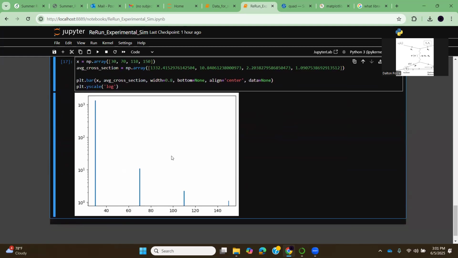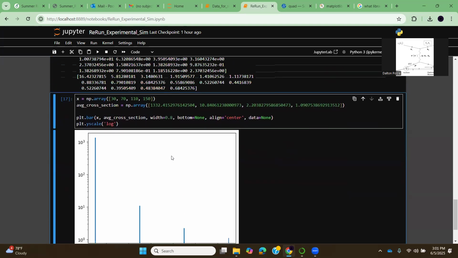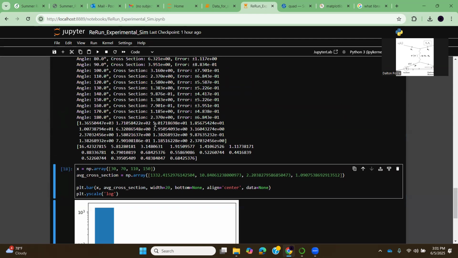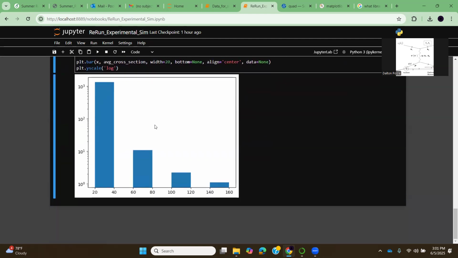But I need to obviously make the width more. I believe I need to make the width 20. Ah, yes. Whoa, yeah. No, that's not right. Because the centroid is at 30.